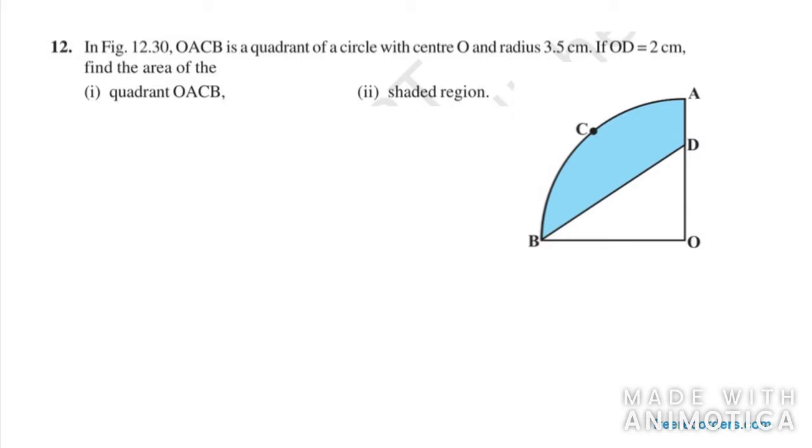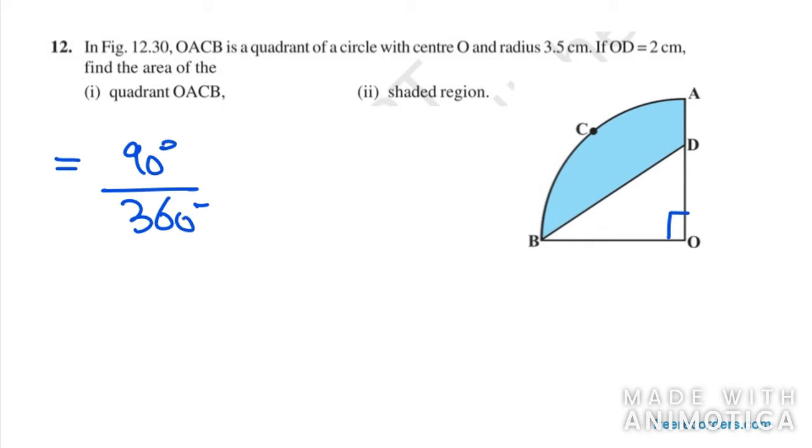Now let us move on to question number 12. It says OACB is a quadrant of a circle with center O and radius 3.5 centimeter. If OD is equal to 2 centimeter, find the area of quadrant OACB. So we need to find first of all quadrant area. So quadrant is always 90 degree, as you can see.